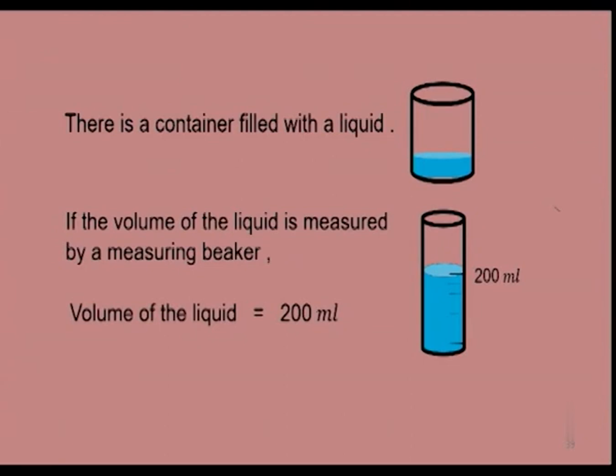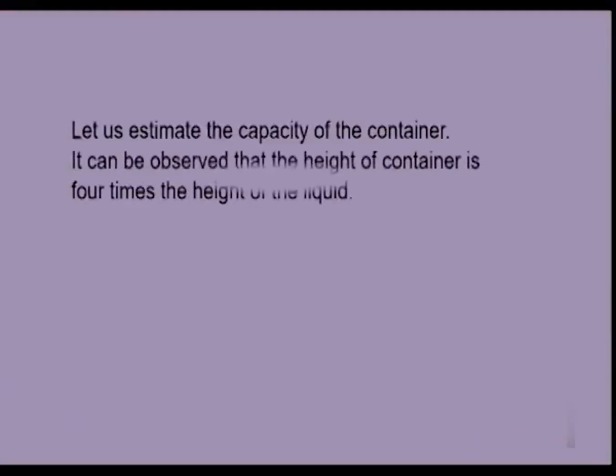Suppose that I want to get the capacity of the container. For that, we have to estimate the capacity. How do we estimate? You can observe that the height of the container is 4 times the height of the liquid. Is it 4 times or 5 times?